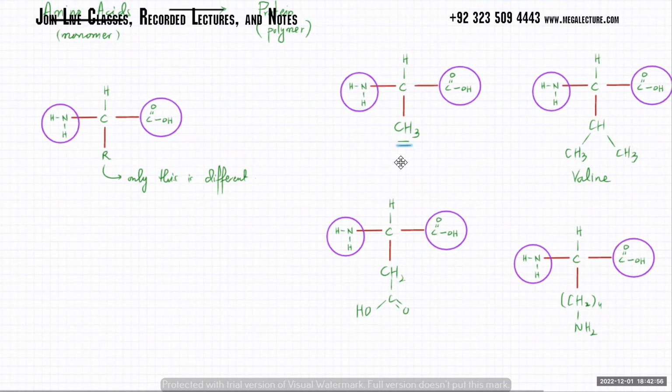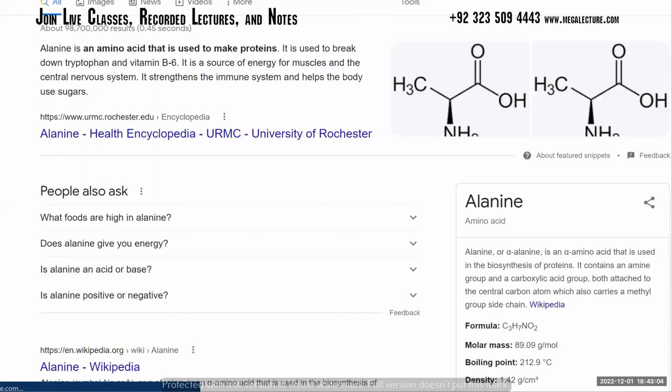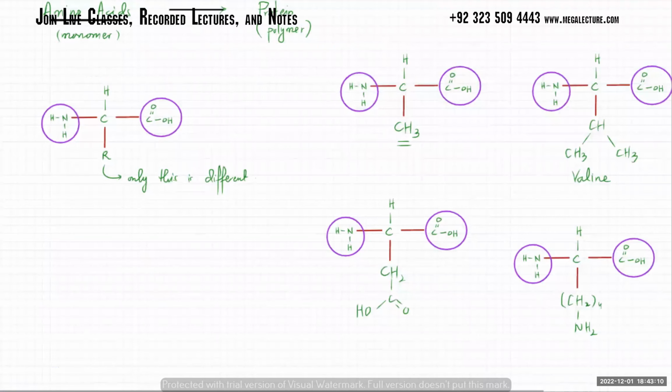पहला वाला पता नहीं कौन सा, alanine है I think. हाँ ठीक है, alanine. So the first one was alanine, there's one which has H as well. अच्छा, but this one is alanine.